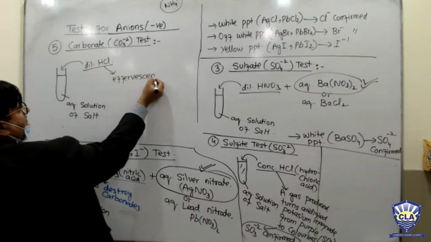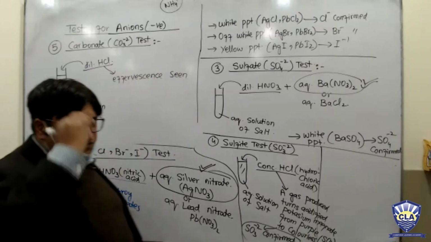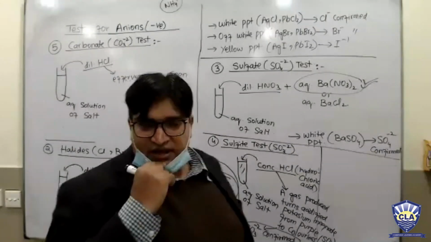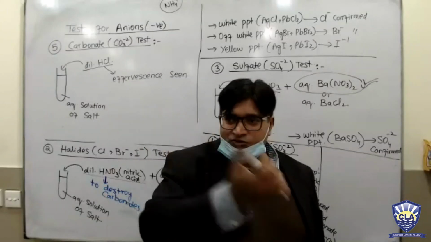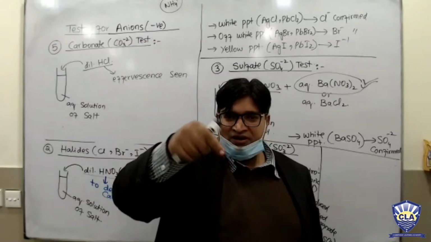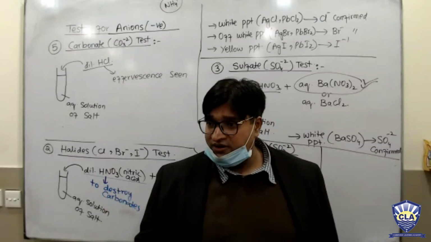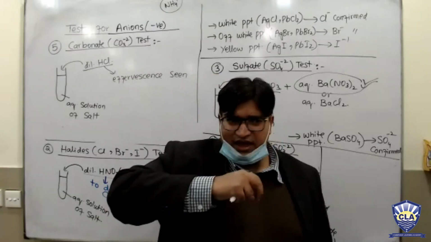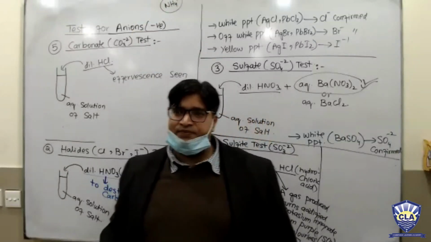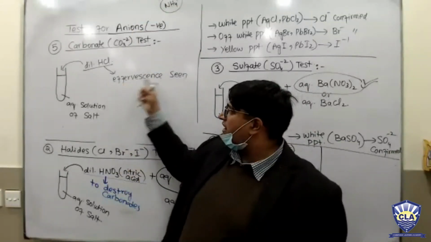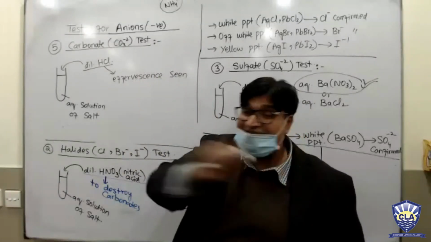If you add it, what would happen? Effervescence is seen. What is effervescence? If you have a Coke or Sprite bottle in your hand, and you shake it and then open its lid, what would happen? The bubbles, a foam-type thing comes out. That foam-type bubbling is called effervescence, and that is only due to carbon dioxide, not anything else.